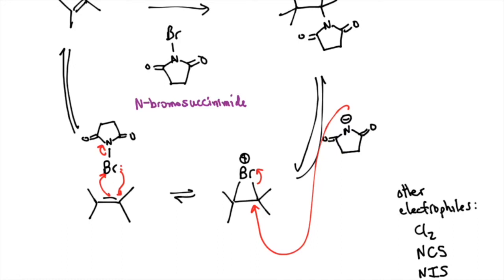A couple of important points for chlorinations: there is what we call stereochemical leakage. And this is where the halonium ion, the chloronium ion, actually does open up to give you a carbocation. So you have to be mindful about that. And in the case of iodination reactions, this can really only be done in an intramolecular sense. The reaction is too reversible for an intermolecular reaction, so you have to do it intramolecularly.